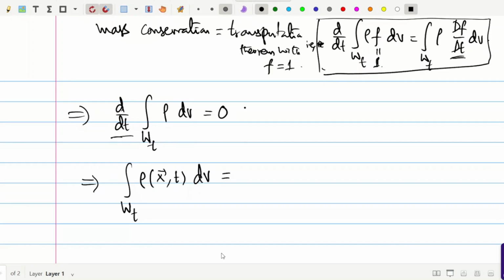So this at time t should be the same as at t equal to 0, W0. That's what it means, no? This is your mass. The rate of change of total mass is 0, so the initial mass is the same as the mass at time t.